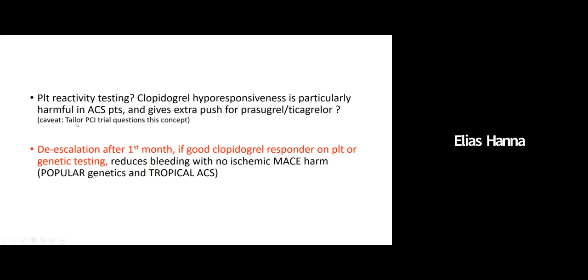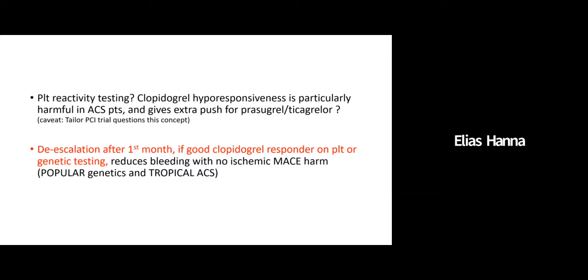And there is one trial of tailored PCI that included mostly ACS patients, published last year in JAMA. It tried to use genetic testing to decide whether to put the patient on Plavix or Ticagrelor, again mostly in the ACS setting. That trial failed to show a benefit of that strategy.